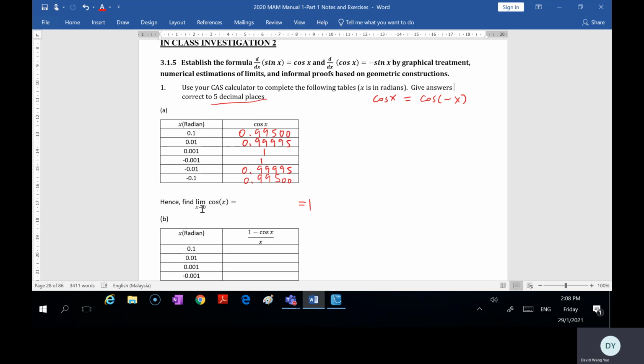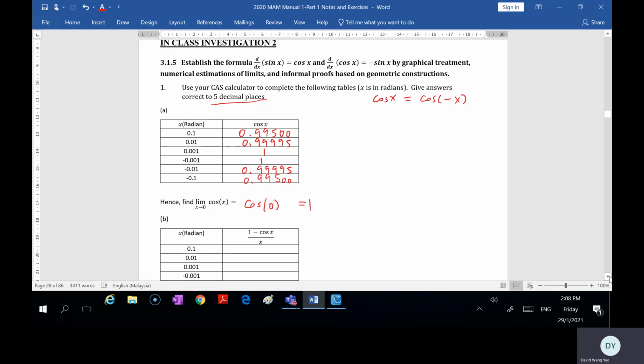For this one, we can simply sub 0 into the cosine function. The easiest way to find the limit is by substituting the value into the function. So x goes to 0, we sub 0, we get cosine 0, and cosine 0 equals 1. Please take note, sin 0 is 0, tangent 0 is 0, but cosine 0 equals 1.